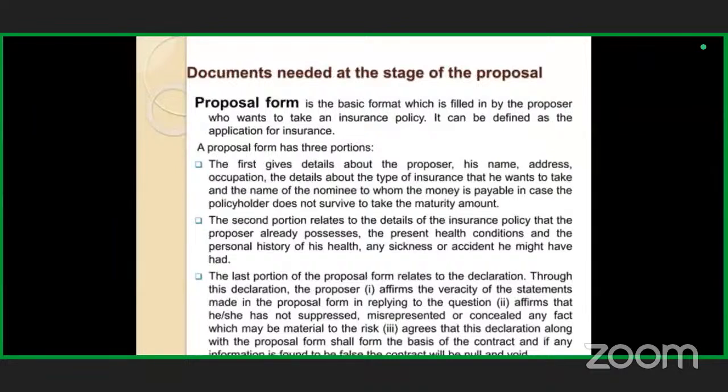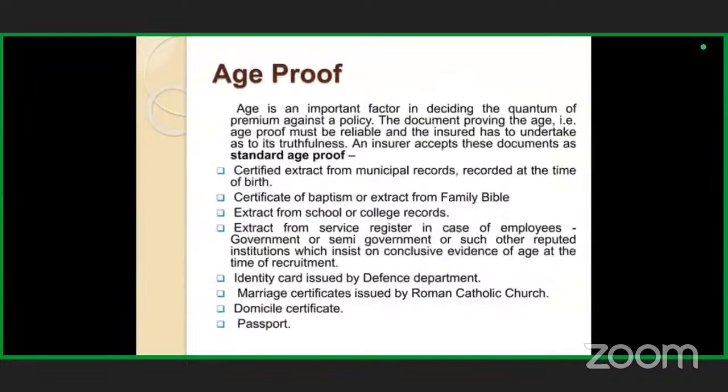The policyholder, the person who is taking the policy, has to read carefully and understand before giving consent. Then when you are taking an insurance policy with the insurance company, there must be submission of age proof. A minor cannot enter into an insurance contract by himself, so the person who has attained majority, who has completed minority, is eligible to enter into the contract.